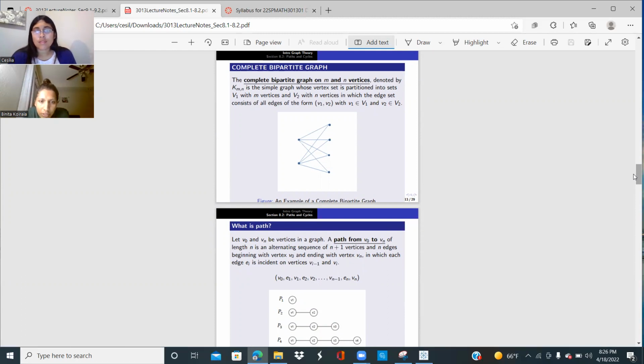So this will be the example of the complete bipartite graph.